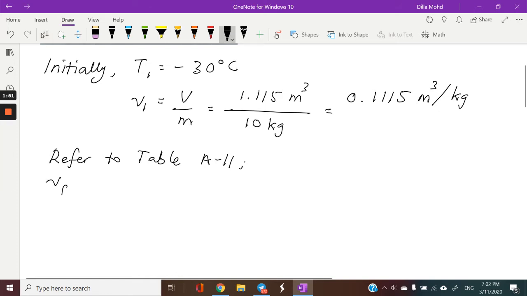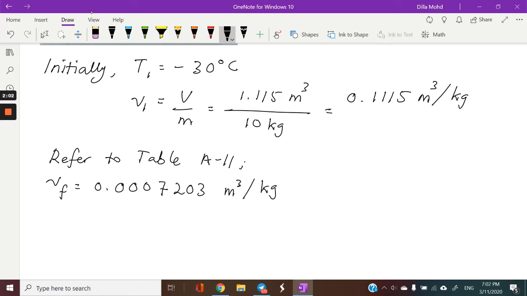So v sub f is equal to 0.0007203 meter cube per kilogram, and v sub g is 0.22580 meter cube per kilogram.